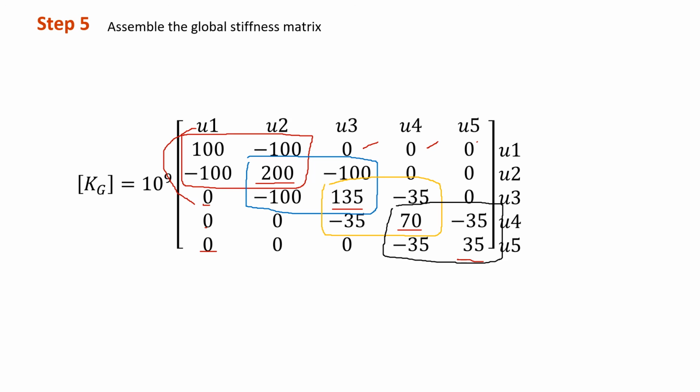We always have overlap at the points where we need to get a summation between the two elements, because U2 is repeating 2 times. Similarly for U3, at element 2 we have U3 and element 3 also has U3, and similarly for U4. At this point there is overlap, so we just need to add between the two matrices.